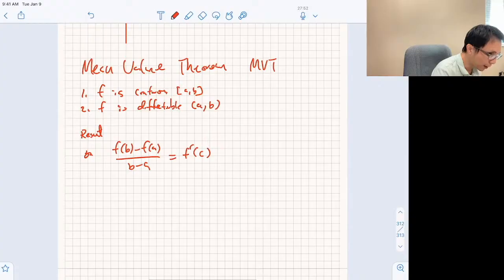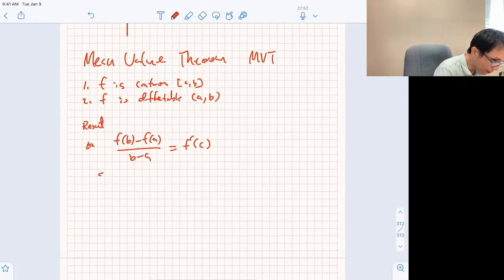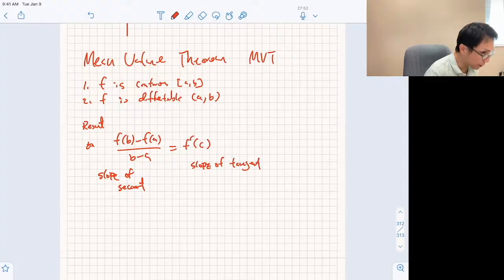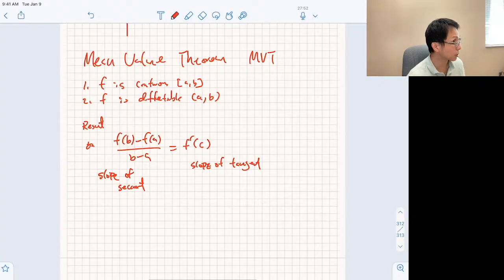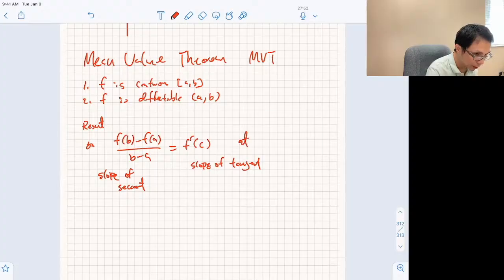Now, I'm going to give you a couple names for this. This is the slope of the secant. And this is the slope of the tangent. So there must be one value where the slope of the secant equals the slope of the tangent. At least one value. So at least one C.